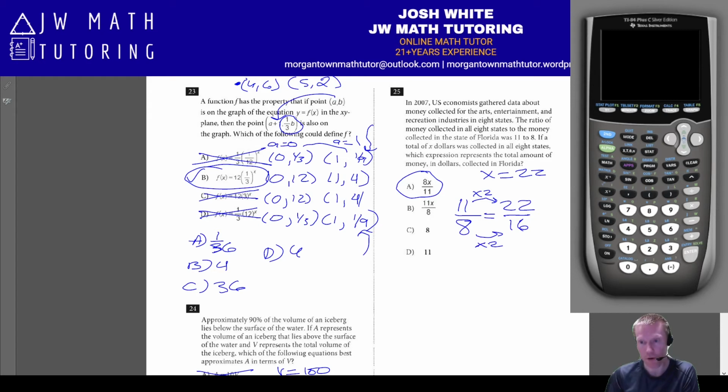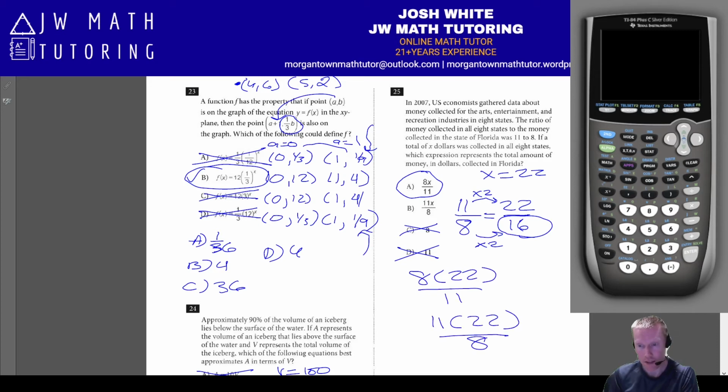So now what I can do is I can take these 4 expressions. I'm going to plug in 22 for X, and only one of them is going to equal 16, okay? Because that's technically what we're solving for. So right away, notice C and D are out. So it's down to A and B. So it's either 8 times 22 divided by 11, or it's 11 times 22 divided by 8.